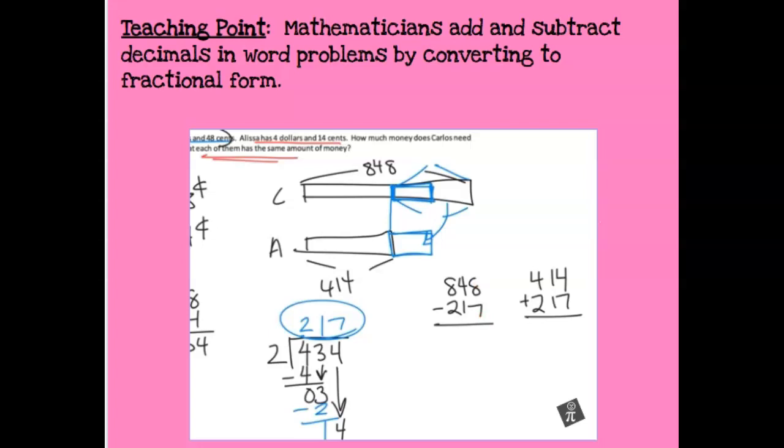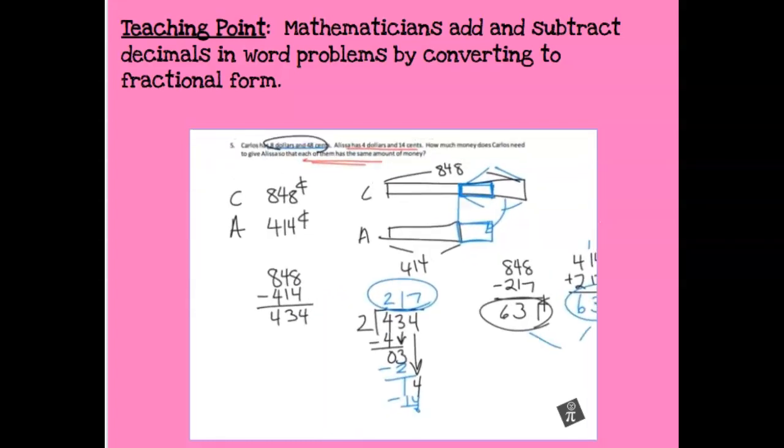So let's see, 8 minus 7, 1. 4 tens minus 1 ten, 3 tens. 8 hundreds minus 2 hundreds, that's 6 hundreds, and so you get 631 cents, and that's for Carlos. And then for Alyssa, 4 ones plus 7 ones, that's 11 ones, so that's 1 one with 1 ten left over. We got 1 ten plus 1 ten plus 1 ten, so that's 3 tens. And then you've got 4 hundreds plus 2 hundreds, that's 6 hundreds, and sure enough, they end up with the exact same amount of money.